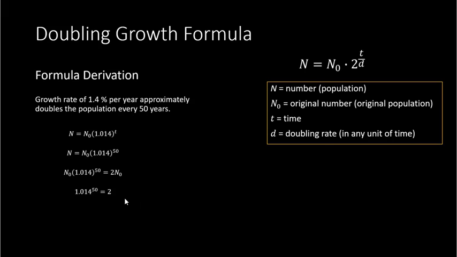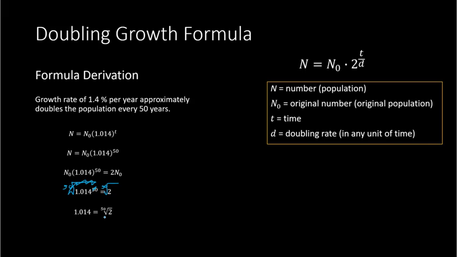Now we can get the 1.014 by itself by getting rid of this 50th power. How do you get rid of the 50th power? You take the 50th root of both sides. When you do that, the root and the exponent cancel. You're left with 1.014 equals the 50th root of 2.